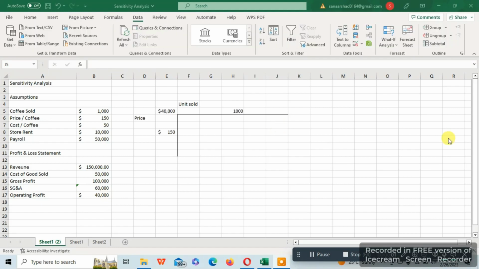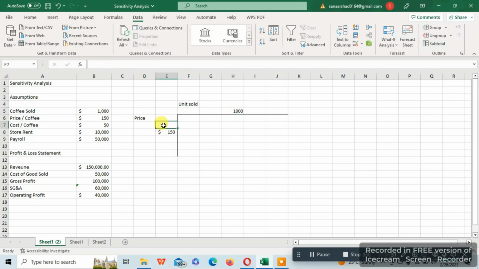Along the column I will write the prices, and along the row I will write the units sold. Our current price is 150, and the units sold per year is 1,000, right?